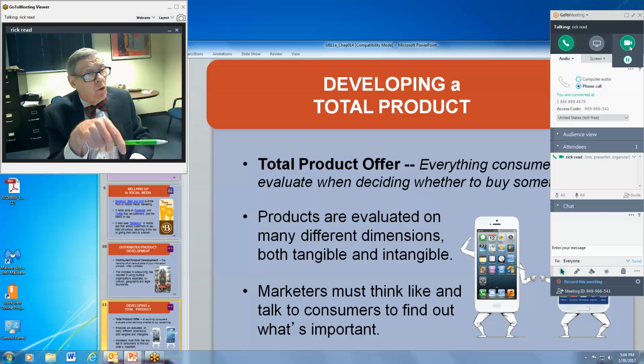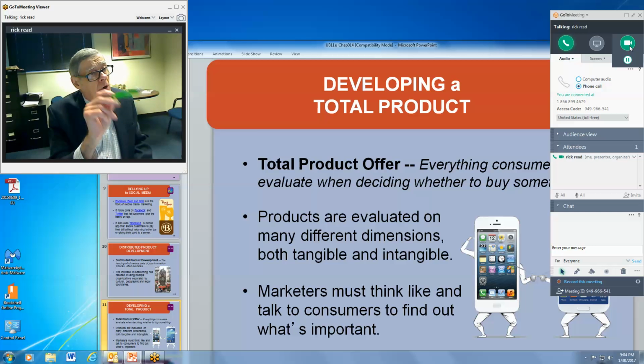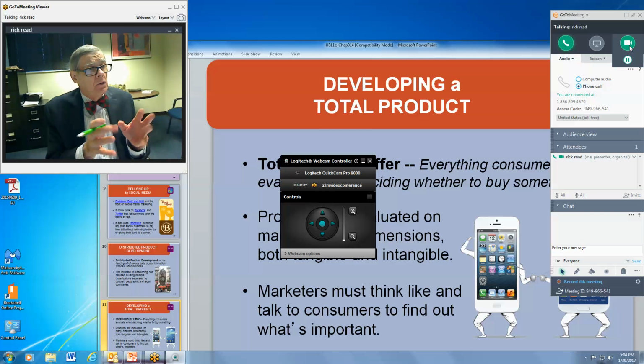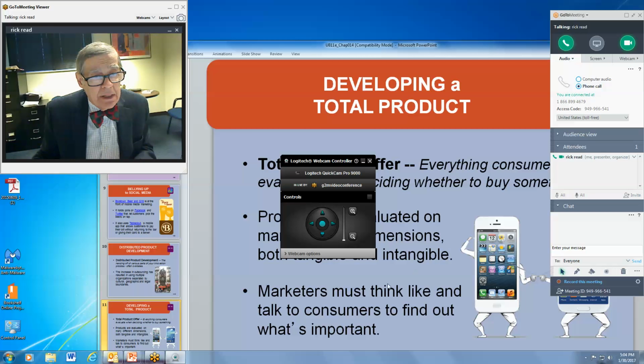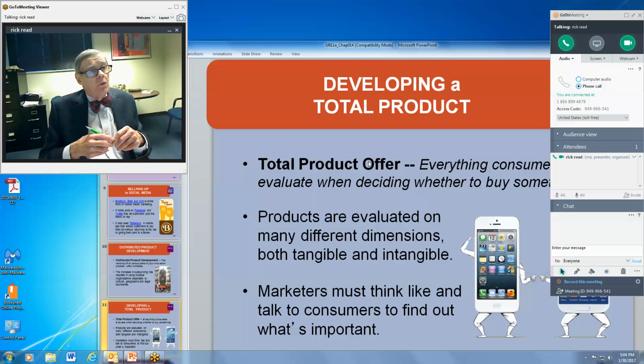And so what marketers have to do, and this goes back to the research part, you have to find out what it is that, I'm going to use the term here, turns on a consumer to buy your product. Now, we're talking here, at least to me, about things that are outside convenience goods.